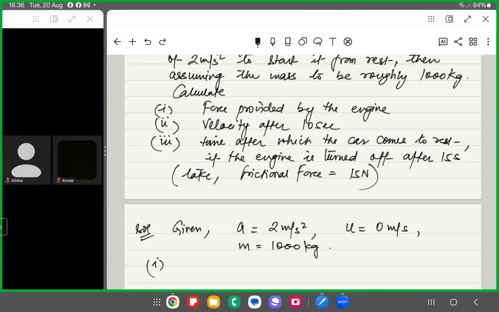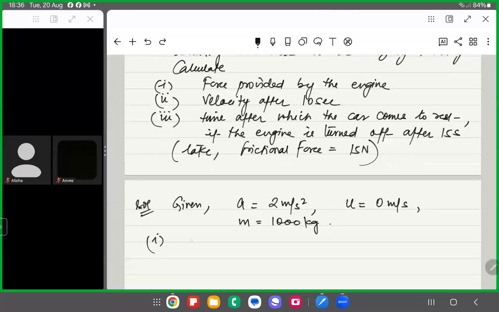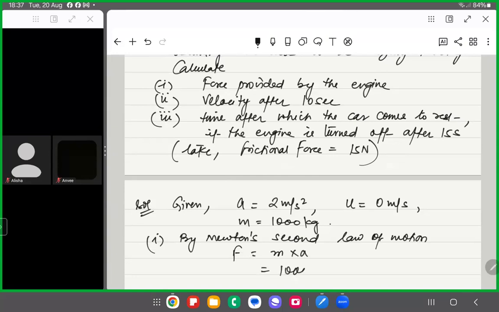As we know, by Newton's second law of motion, force is the product of mass and acceleration, right? Mass is already given. Always remember, when you are putting values into the formula, please check their units. They should be SI units. If they are not in SI units, first convert them and then use the formula.